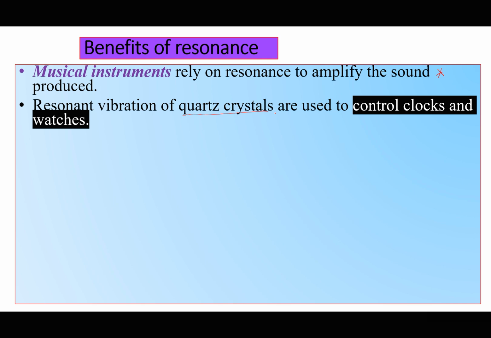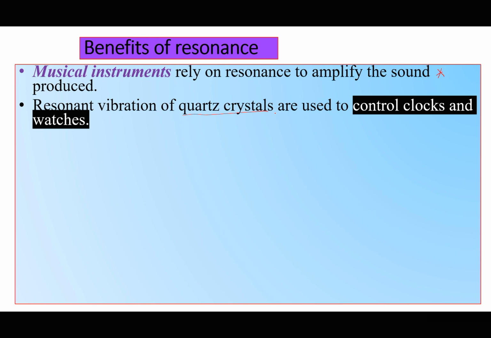Its vibrations can control clocks because the quasicrystal is able to vibrate if there is an alternating PD across it. And the frequency of the alternating PD can be used to control the frequency at which the quasicrystal vibrates in order to control clocks and watches, which would be determining time. So resonance can be used in that case.